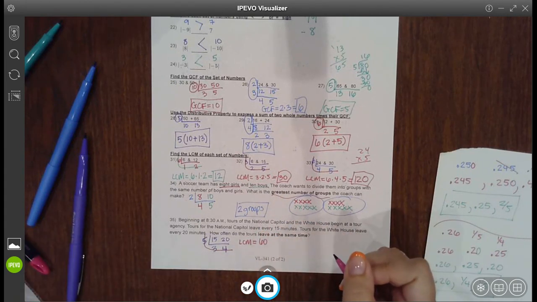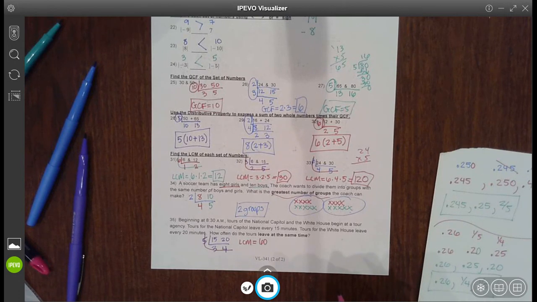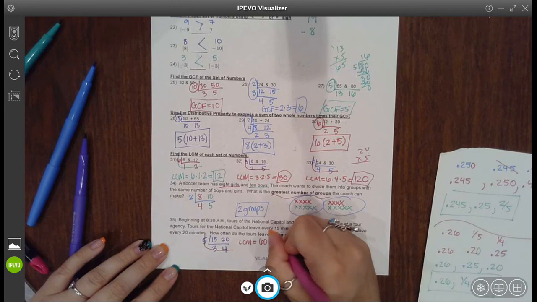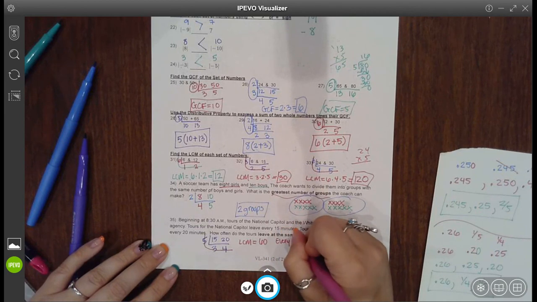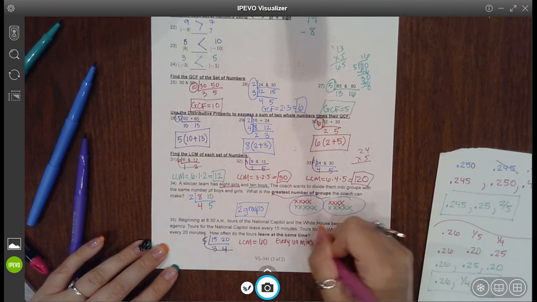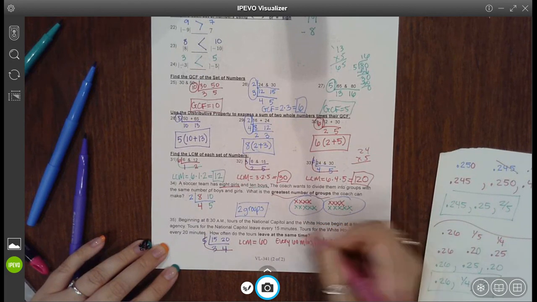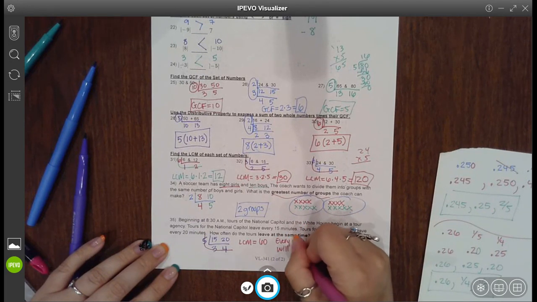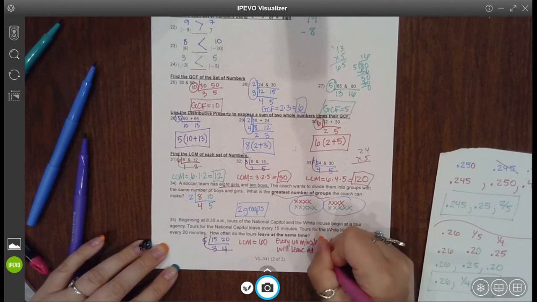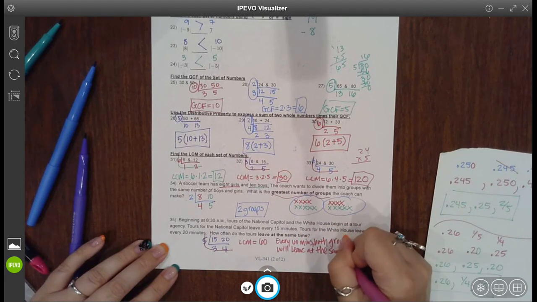So what that means in real life is that every 60 minutes, both groups will leave at the same time.